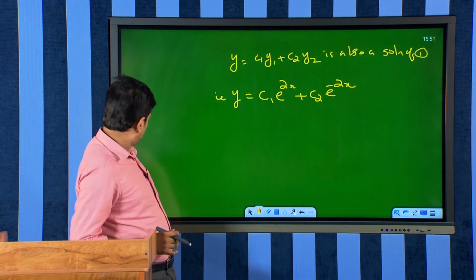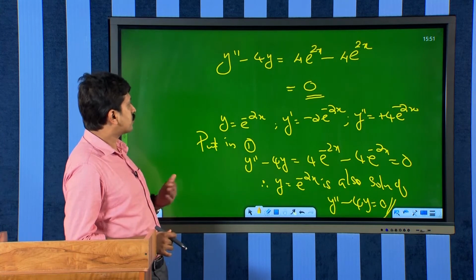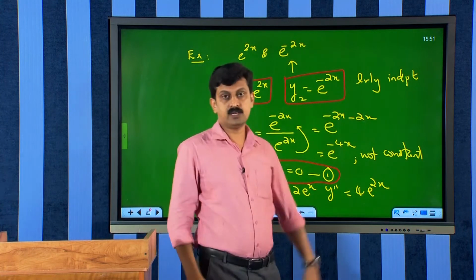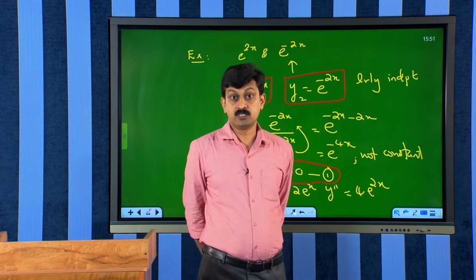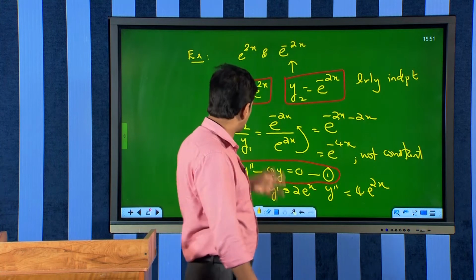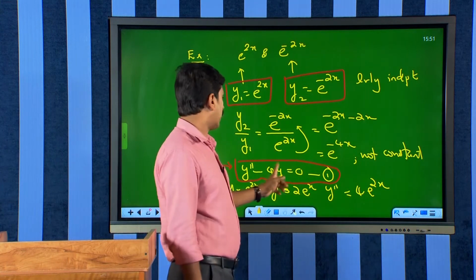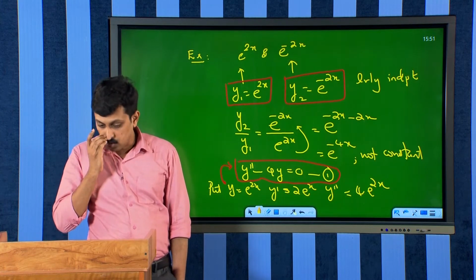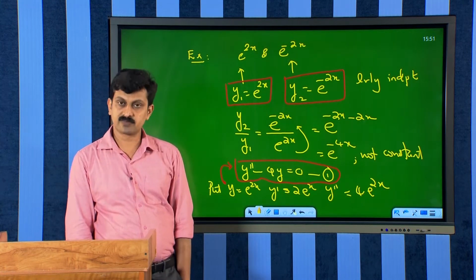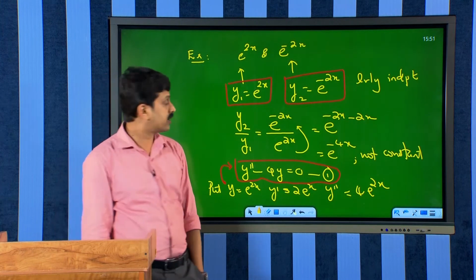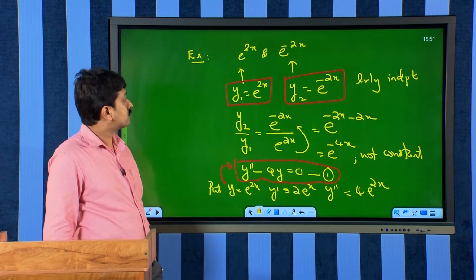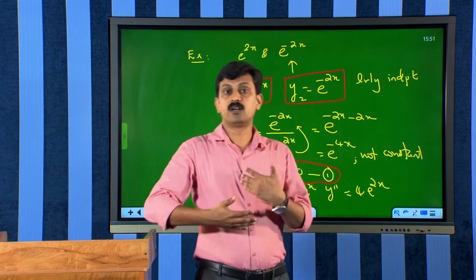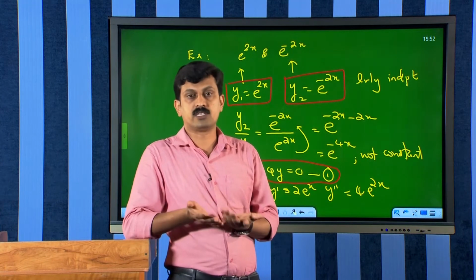See, my dear students, I draw your thoughts to this: these two are linearly independent solutions of the differential equation y double dash minus 4y is equal to 0, and their linear combination is also again a solution. Similarly, y is equal to t and 1 plus t are linearly independent functions.